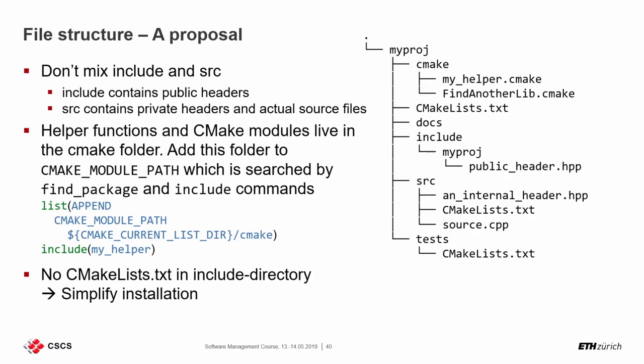So in this case, this is FindAnotherLib, which is for find_package(AnotherLib). And important, in order to make this work with the cmake folder, you usually will append the cmake folder to the CMAKE_MODULE_PATH, which is a path that is already defined by CMake.